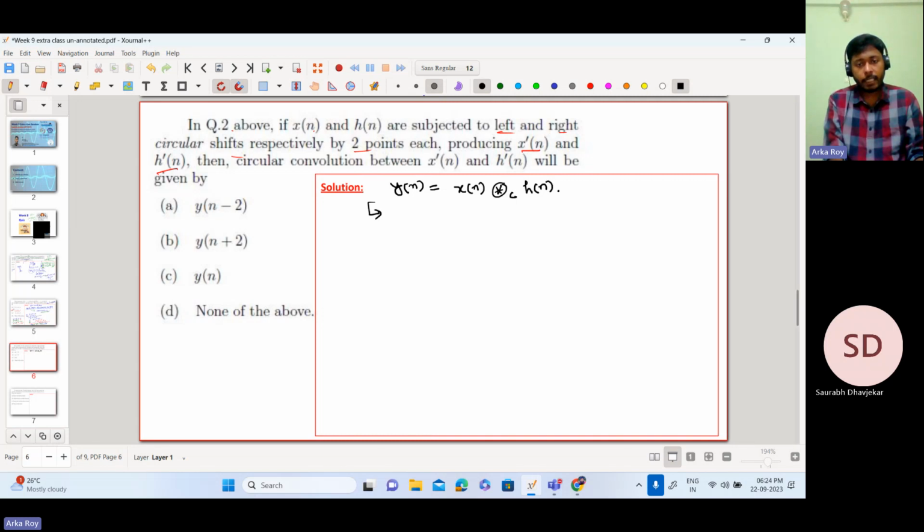So if I just take the DFT of this, it will be Y[k] equals X[k] times H[k]. Fine.